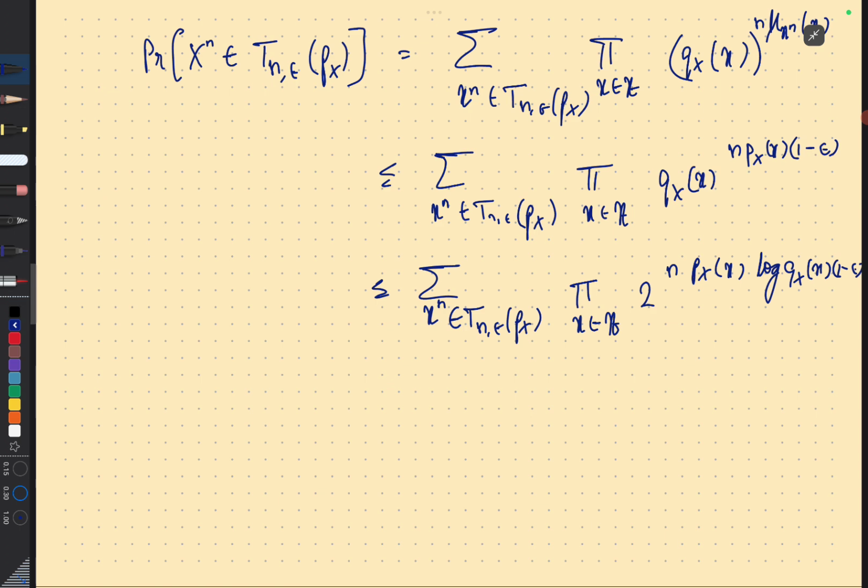Right, I just wrote q_X(x) as 2 to the log q_X(x). That's all, nothing else.